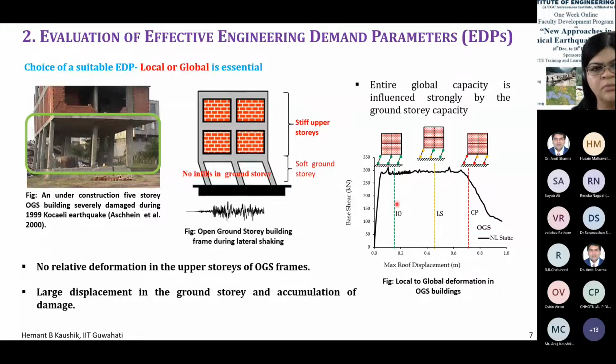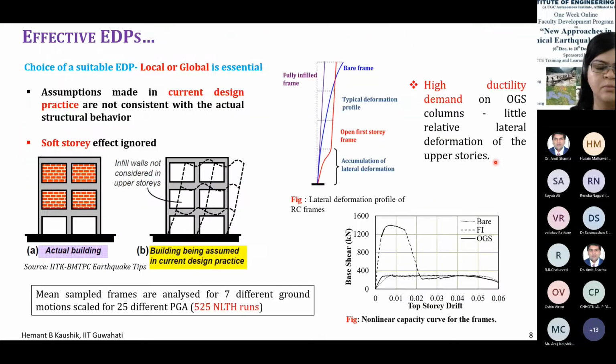This is the immediate occupancy level, this is the life safety level, and this is the collapse prevention level. So you can see even at the immediate occupancy level, we have some damage to these ground floor columns, but no collapse, but slowly it enters into failure also, right? So we'll consider these types of failure modes.